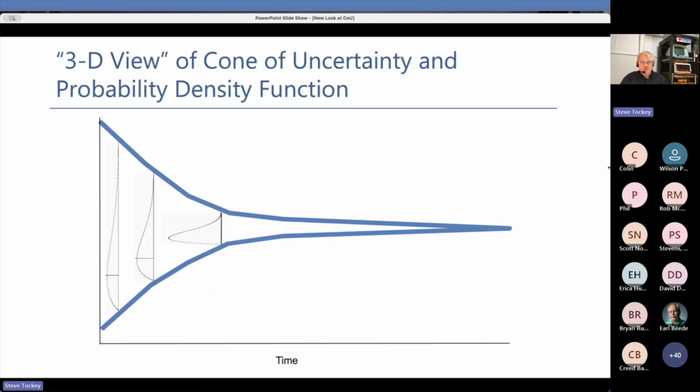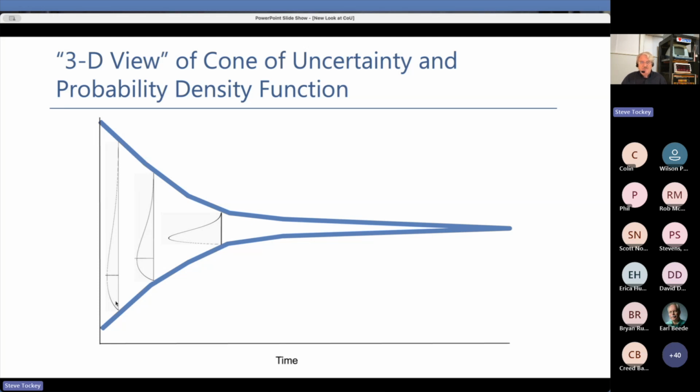Now, what I'm trying to do here, hopefully you can see this, I'm trying to relate that probability density function that we were talking about to the cone of uncertainty picture. And so again, hopefully you can see the pointer here, but the best case is at the lower limit curve. The worst case is at this upper limit curve.